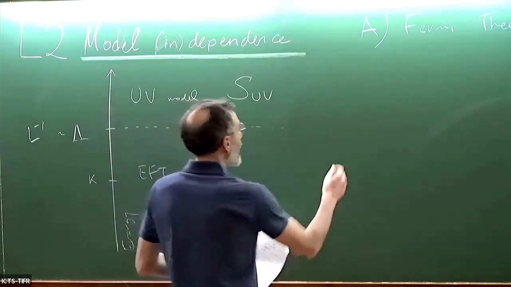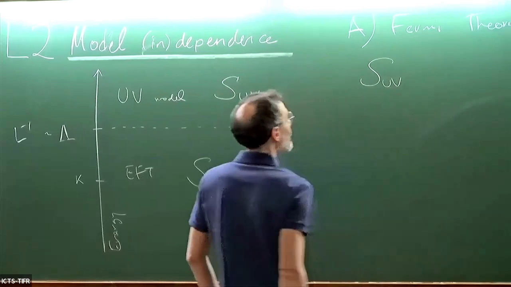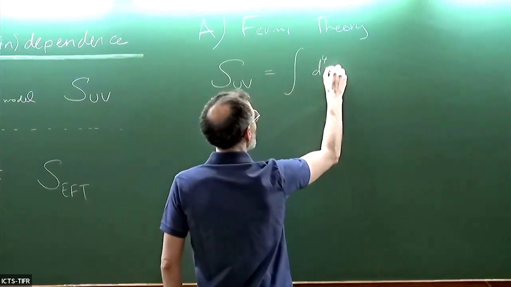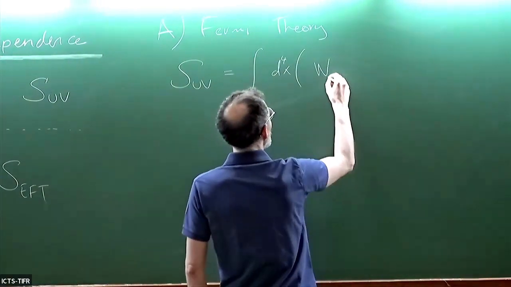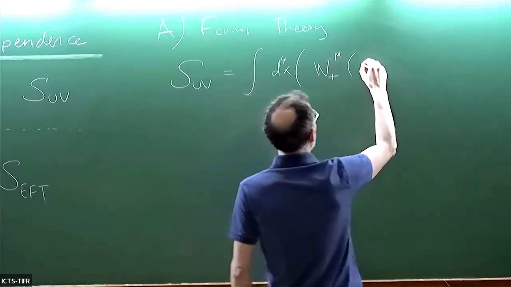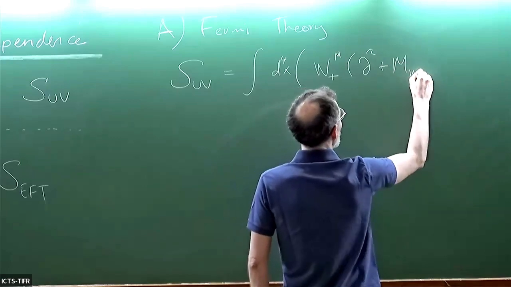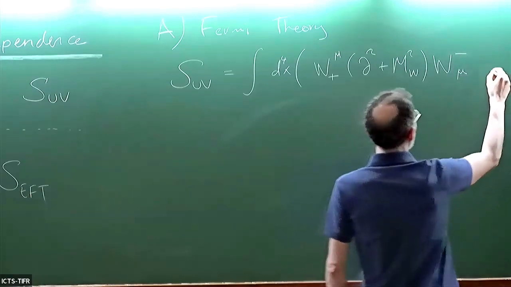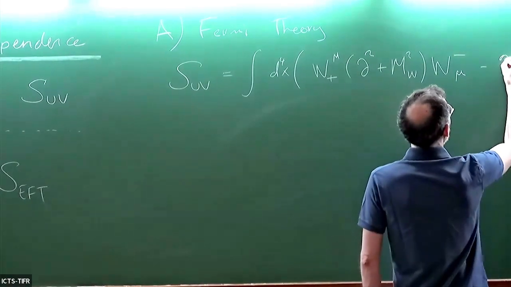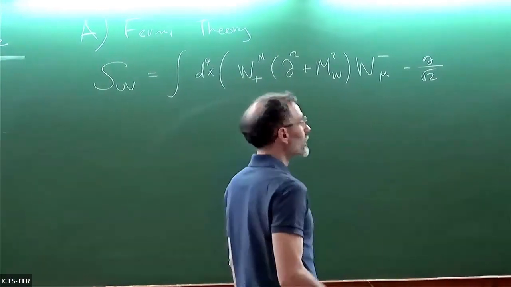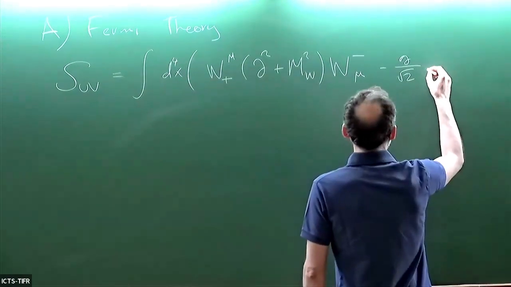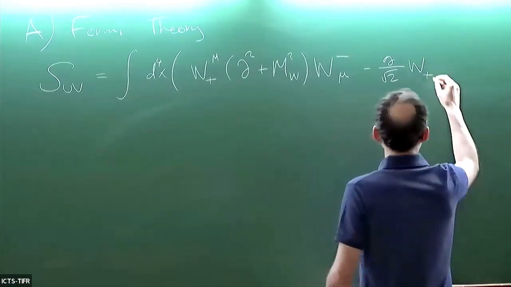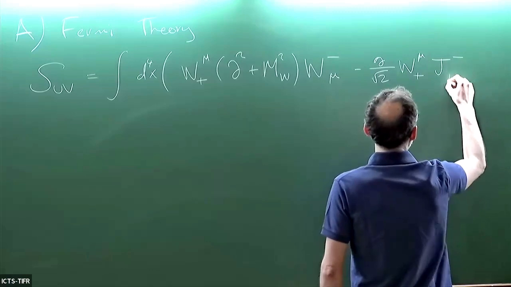So, knowing what we know now, the ultraviolet action for this theory is given by the interaction with W bosons, that I can write as follows: W plus mu, partial squared plus M_W squared, W minus mu, and the coupling to a current, e over square root of 2, a proportionality constant by definition, times W plus mu J minus mu.